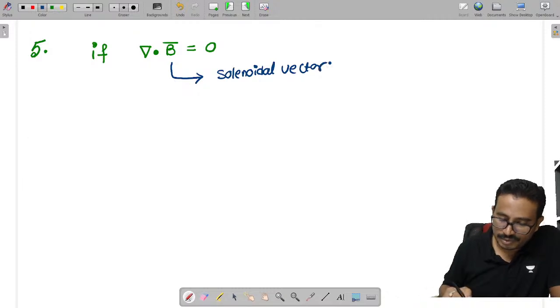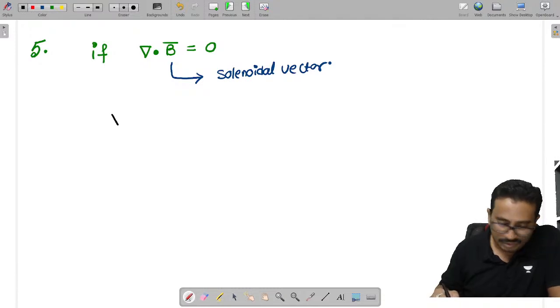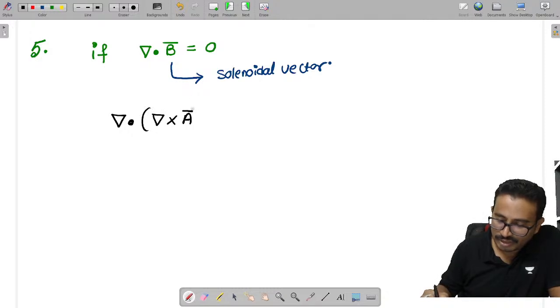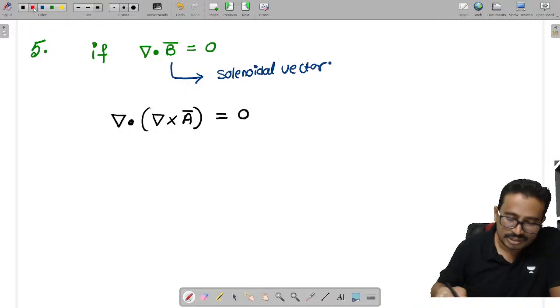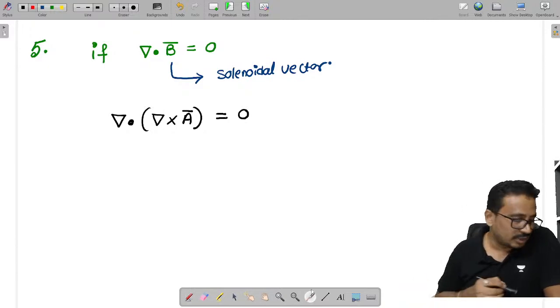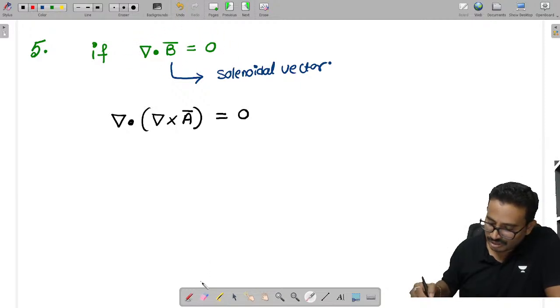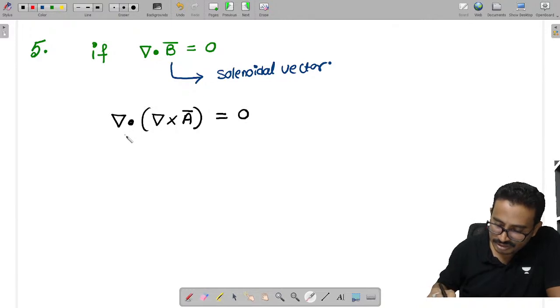Now you tell me, the third equation, what have we written? The divergence of the curl of any vector function is what? 0. देखो इधर. Now can I compare these two equations here? Here we have divergence, here we have 0.